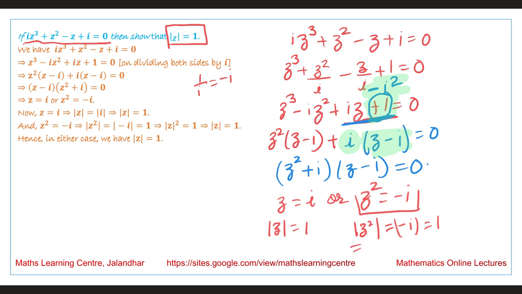This implies that the value of mod z square is equal to 1. This implies the value of mod z is equal to 1. So we can see from this that in both these cases, either z is equal to iota or z square is equal to minus iota, what we get is that mod of z is equal to 1, and this is what we have to prove.